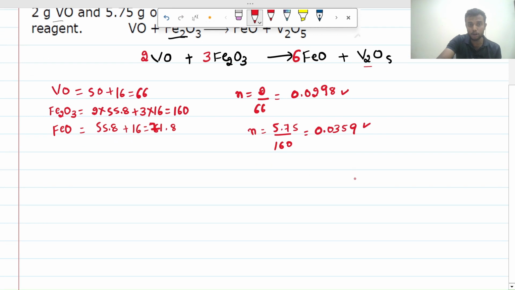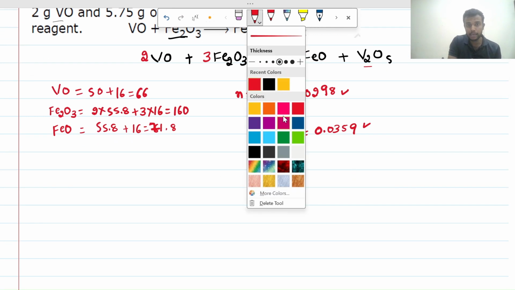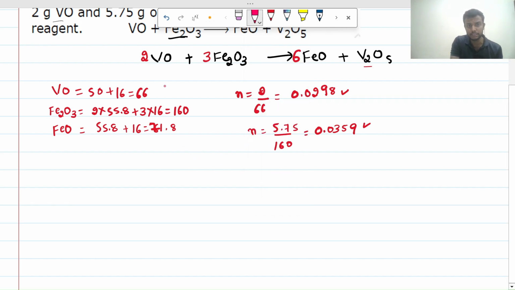Now my dear students, according to the balanced reaction, look here guys, I am changing the pen color. Okay, let's take pink. Look here, my dear students, 2 mole is responsible for producing 6 mole, right? What is the actual mole we have? We have 0.0298 mole, required to produce X mole. Here we need to calculate weight.